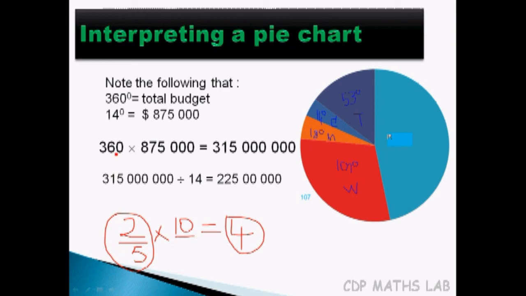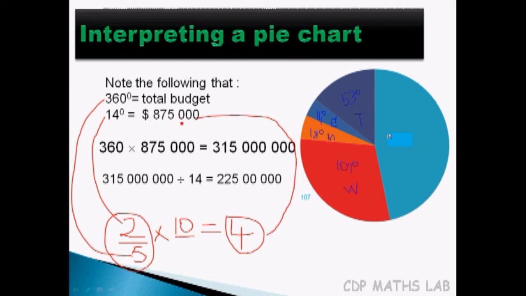For example, in our question we were given 14 and we know that the angle of a circle is 360 degrees. So right here now, this 2 would represent the 14 and the 5 would represent the 360 and the 4 would represent the $875,000.